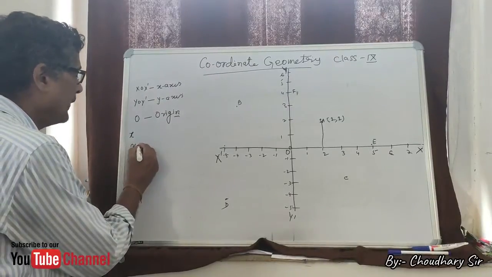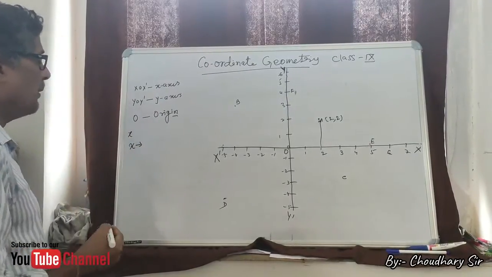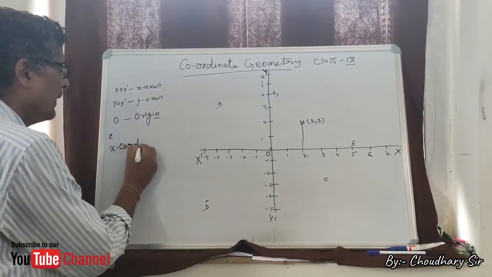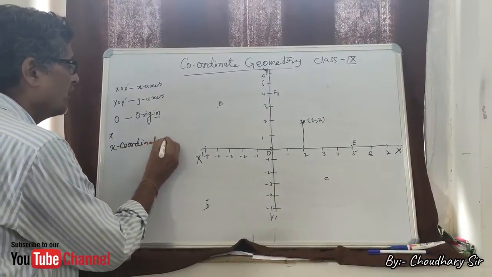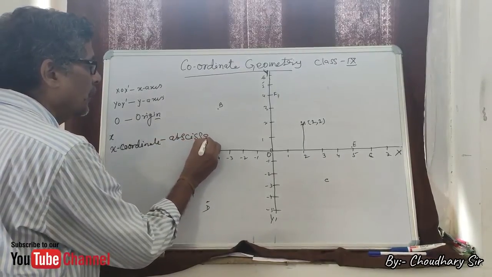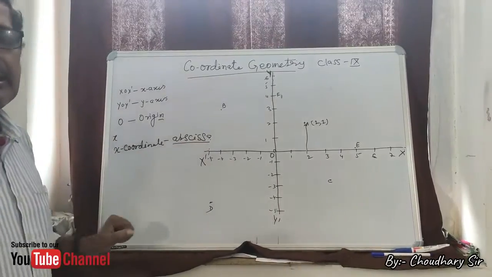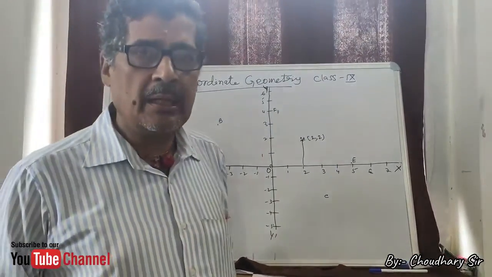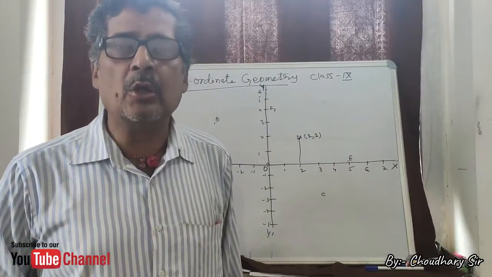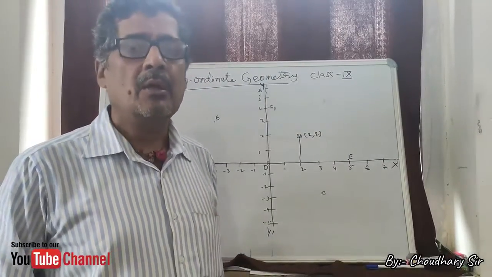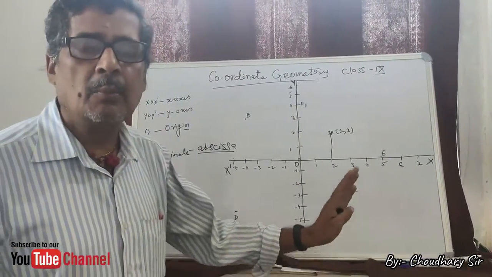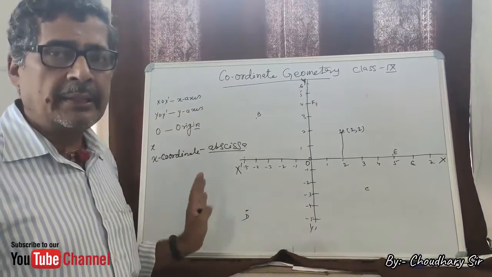Now a special name of the x-coordinate is abscissa. Okay? Abscissa means x-coordinate. And a special name of the y-coordinate is ordinate. What is abscissa? The distance of a point along the x-axis from the origin. What is ordinate?